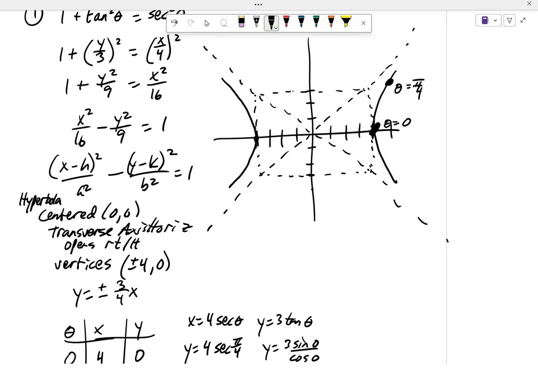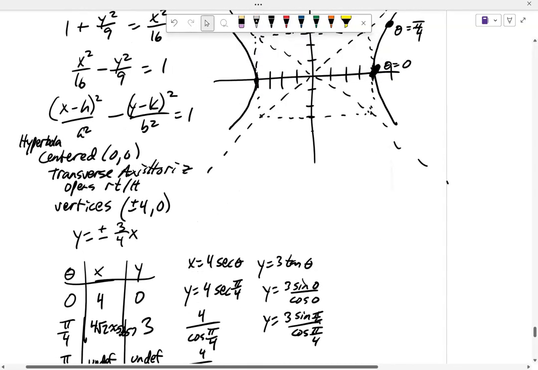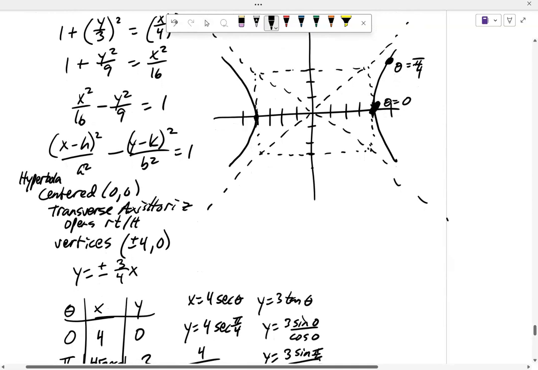It's undefined for pi halves. 3 pi fourths jumps over here, negative 5.657, negative 3. That's for theta being 3 pi fourths. And then it hits right here for theta being pi. So my orientation is like that for my hyperbola.